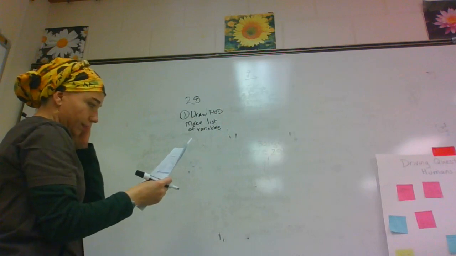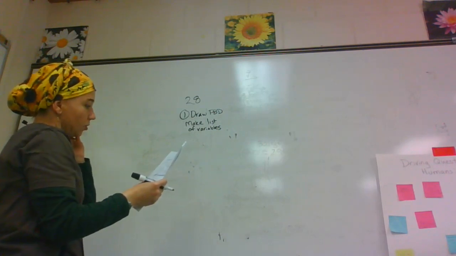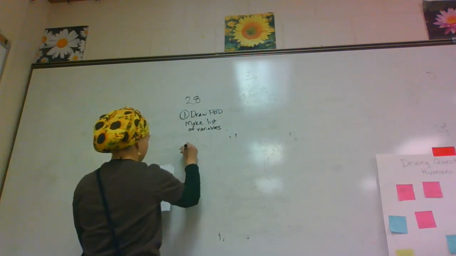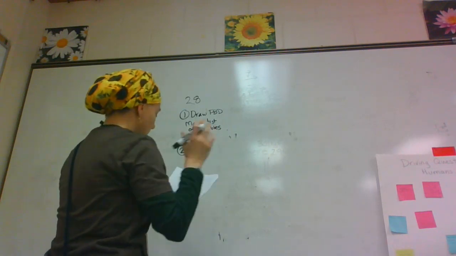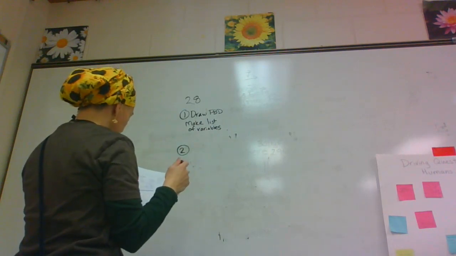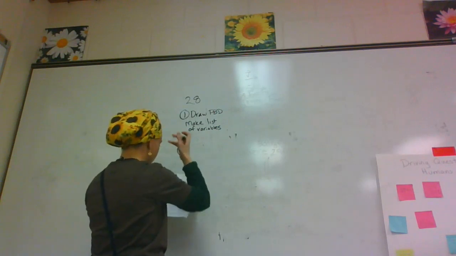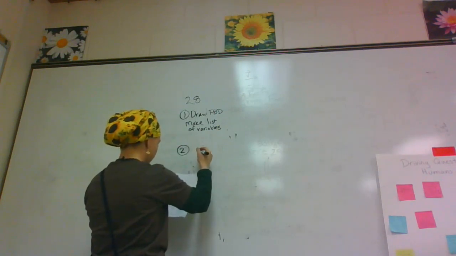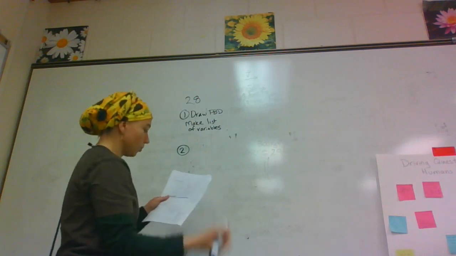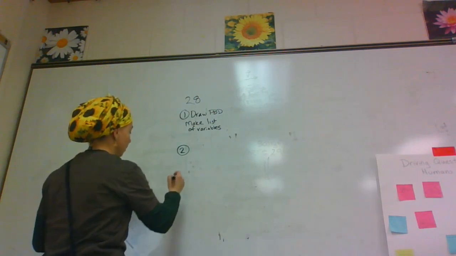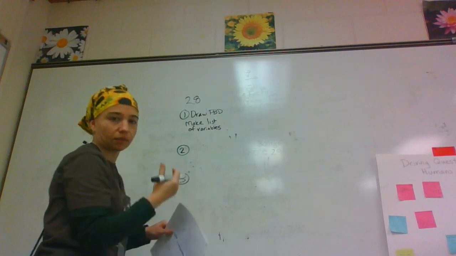And then the next step is, once I have my free body diagram and my list of variables, I'm going to think about how I could get to the information they're asking me for.